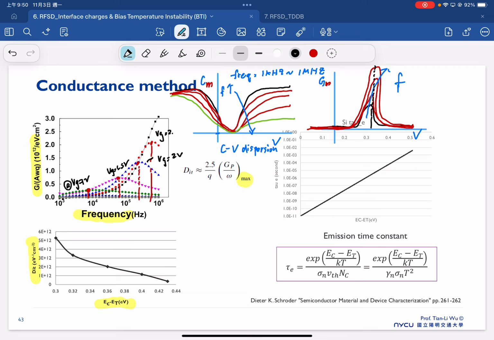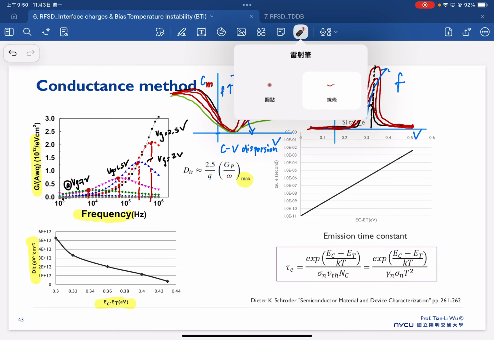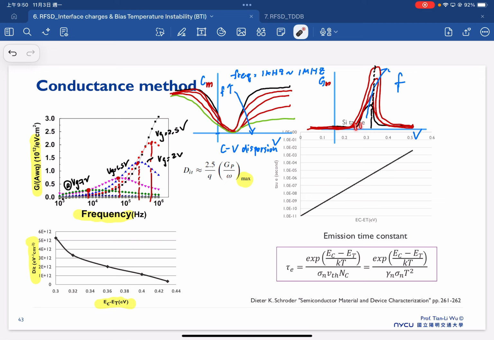This is VG 2.5 volt. So we consider the different voltages here, and at each voltage, because you have the multi-frequency, you can convert the frequency into the x-axis here. So we have the voltages 1 volt, 1.5, 2, 2.5 volt here.